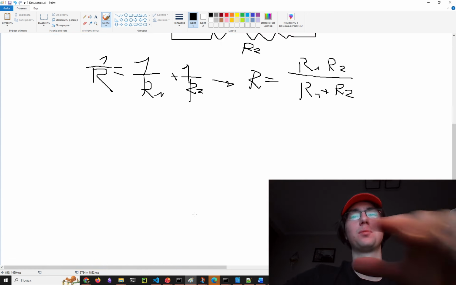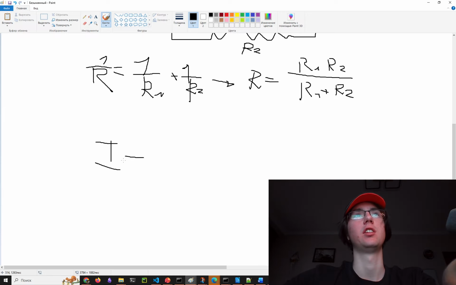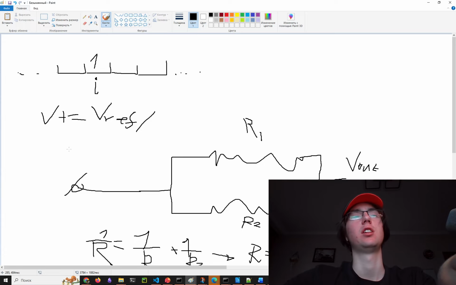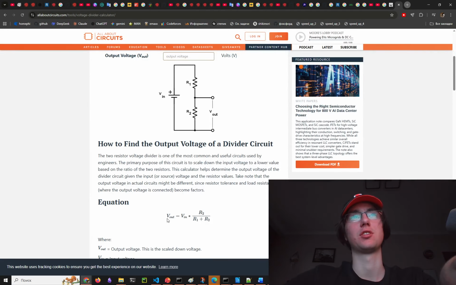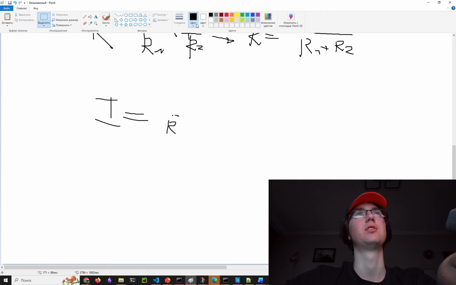I hope I pronounced it correctly in English. Which basically tells us that the current power is equal to voltage divided by resistance. And by the way, I saw that in many English sources the voltage is the V letter. Well, we usually used to use the U letter. But okay, let's just switch to V for simplicity.